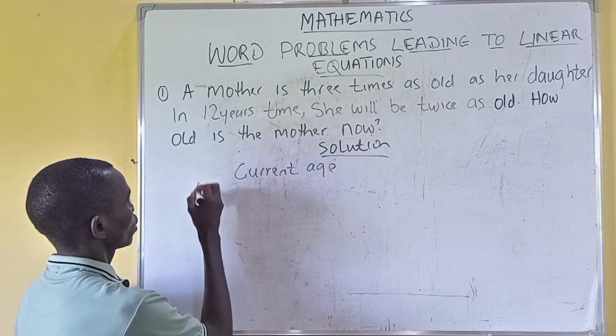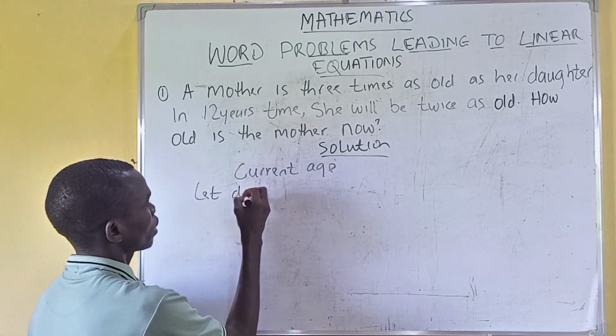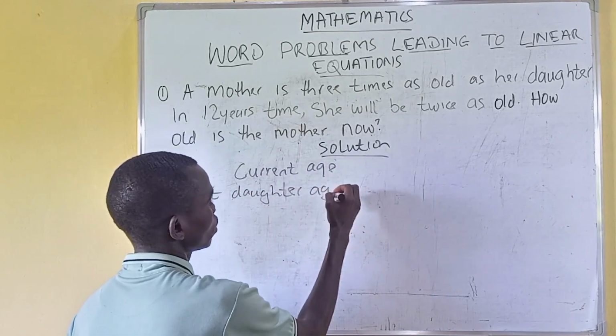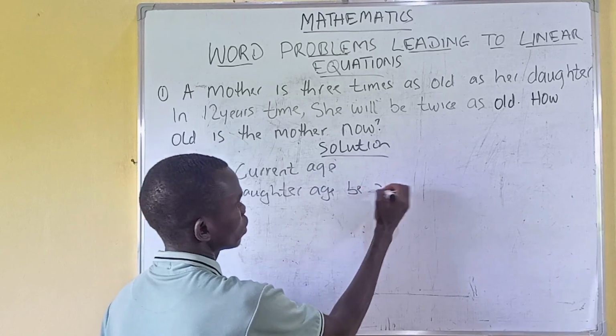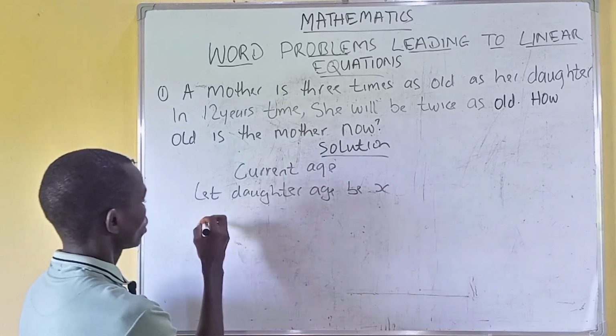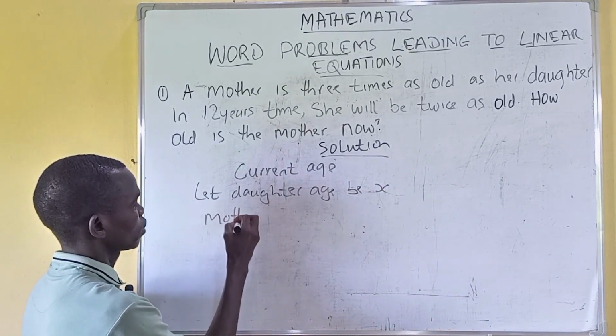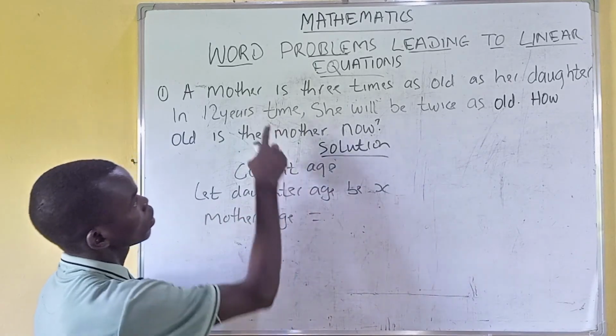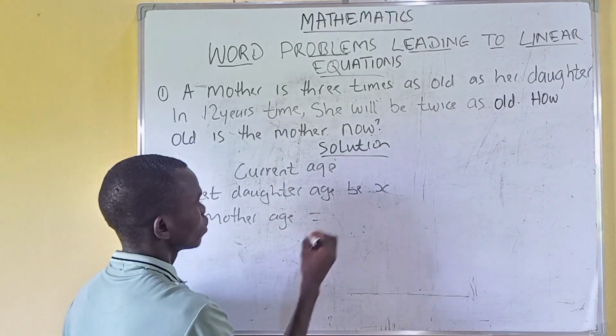Let's say, let daughter's age be s. So, the mother's age equals 3 times the daughter's age.